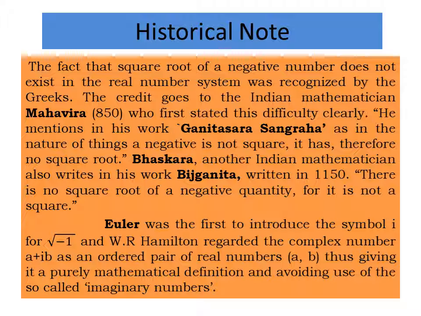And lastly, Hamilton regarded the complex number a plus ib as an ordered pair of real numbers in brackets, that is (a, b), thus giving a purely mathematical definition and avoiding the use of so-called imaginary numbers. This is the very interesting history of complex numbers.